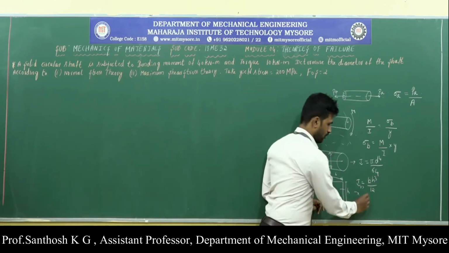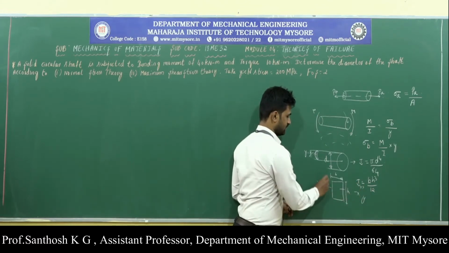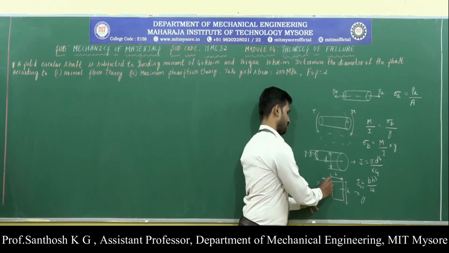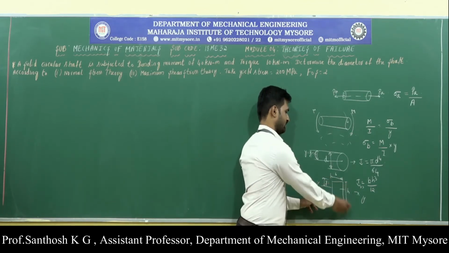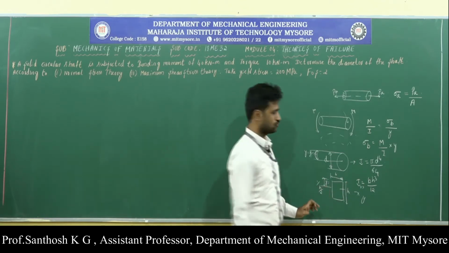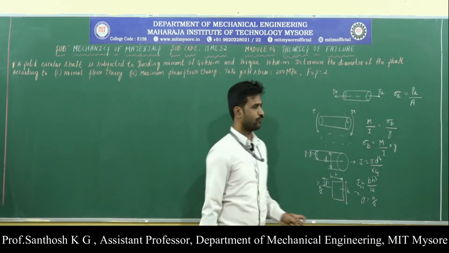Then the value of y, in this case, is the distance of the extreme fiber from the neutral axis, and it will be equal to the total distance h divided by 2. So the value of y will be equal to h by 2.